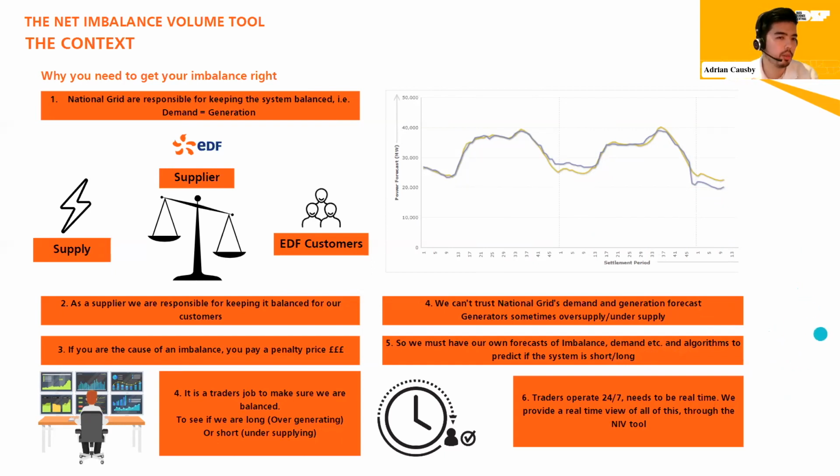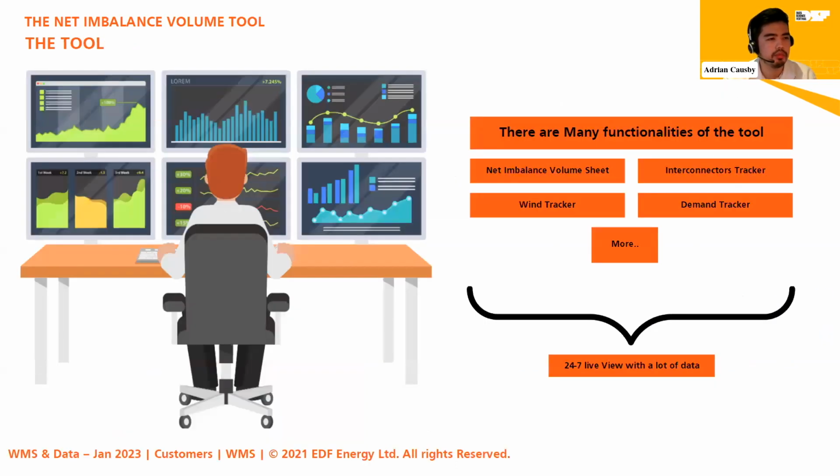And the traders operate 24/7, so this all needs to be real time. We need to provide an absolute real-time view for this, and we do that through the NIV tool. There are quite a few functionalities of the tool. There's a net imbalance volume sheet that gives you a live view of the net imbalance volume and the forecasted demand from National Grid and our forecasted demand, which I'll show in a second.